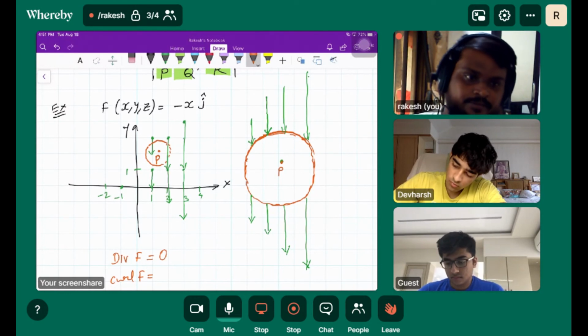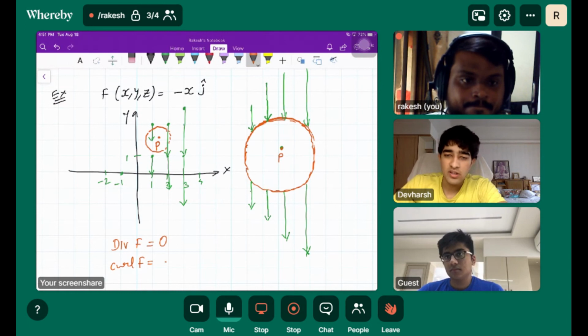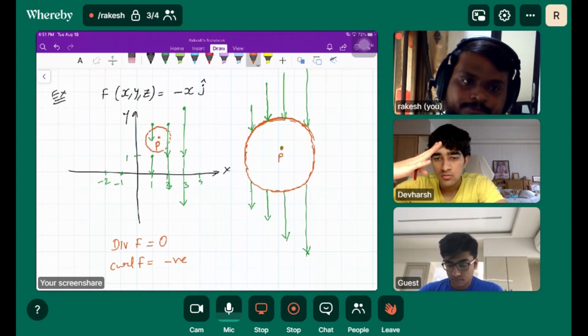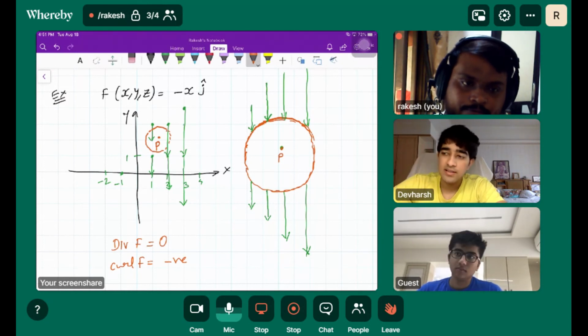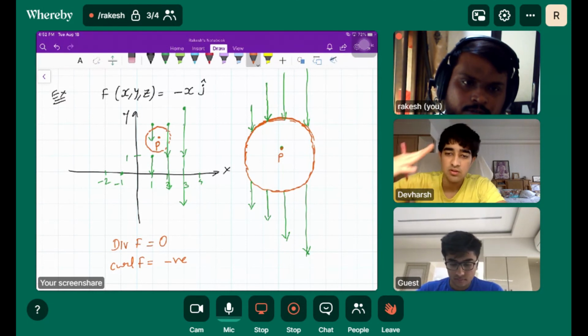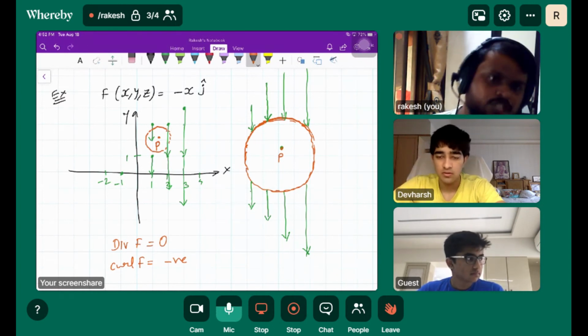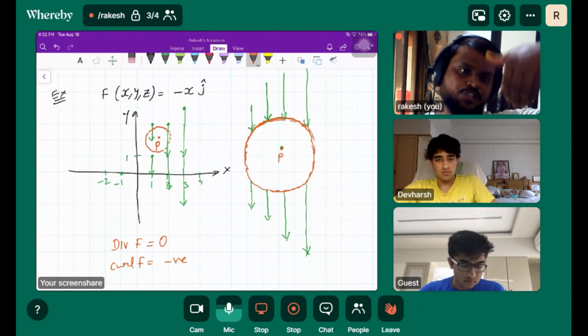But sir, I thought rotation has to do with the inclination, the slope of the vector, which causes the rotation. Here, this vector is pushing the paddle.